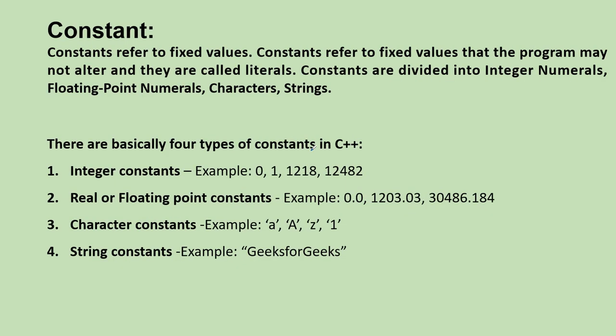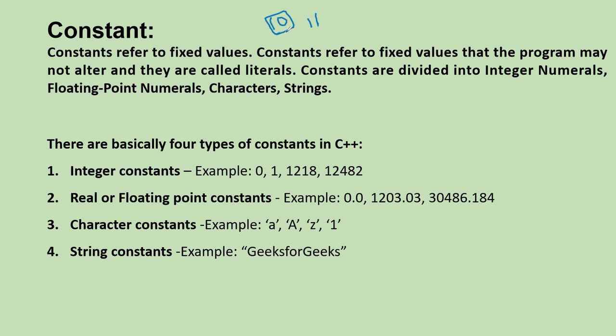Next one, constants. As the name suggests, a constant refers to a fixed value. For example, 10 is a value. Can you say that 10 can be made 11? If we make it 11, then this 10 will no longer be available. You cannot change the value of 10 itself.